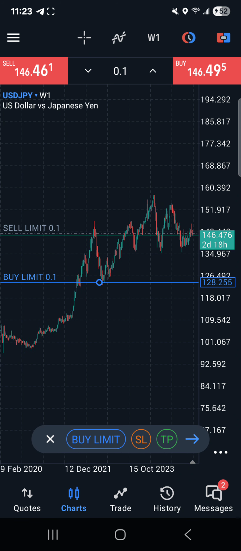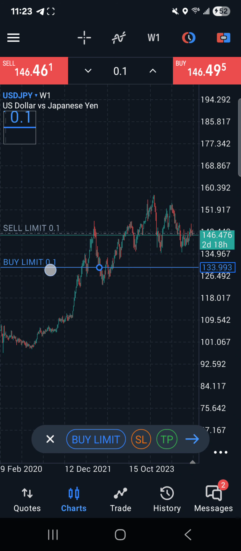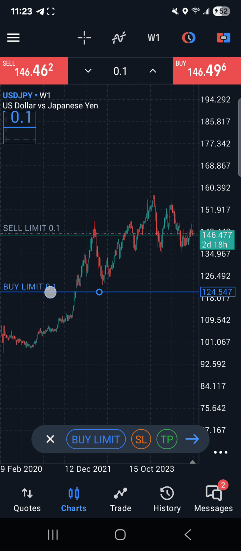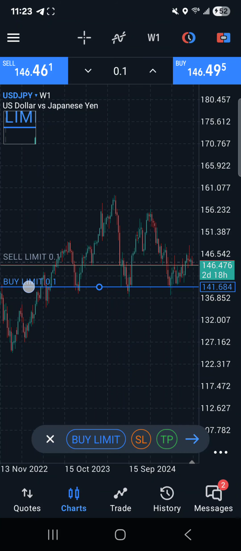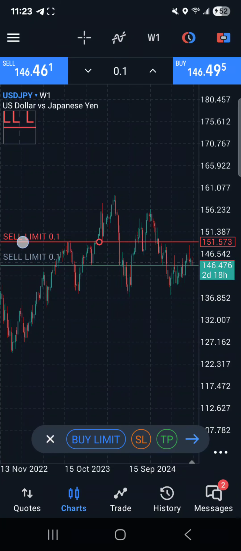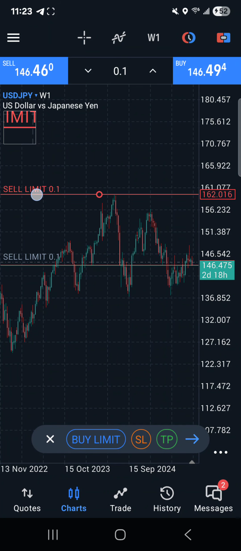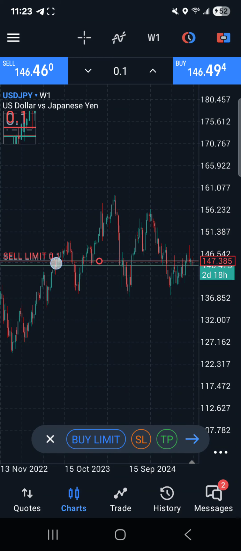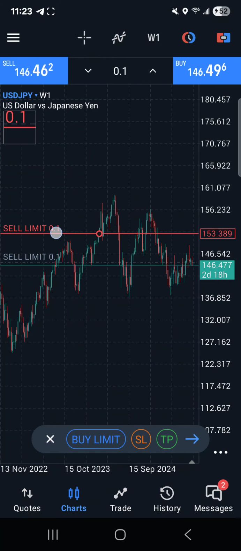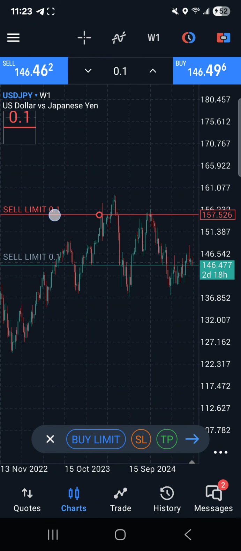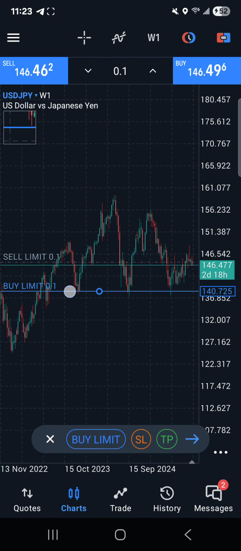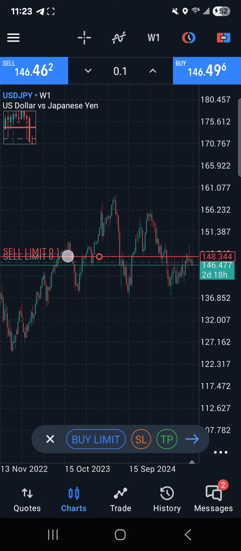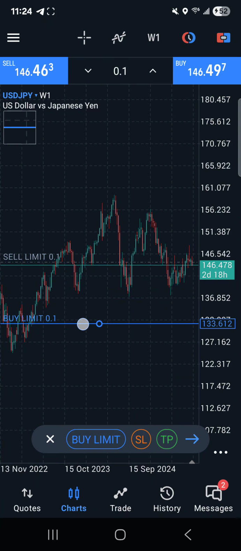Let's also see that price is forming something like a head and shoulders. I can see that this is like a left shoulder, this is like the head, and price dropped to the neck and makes this right shoulder here, and then dropped to the neck again, pulled back, and then it's trying to come down.